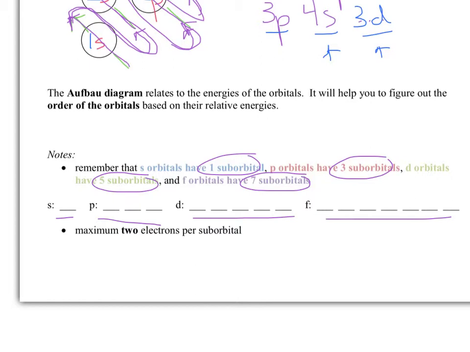So one line for S, 3 for P, 5 for D, and 7 for F. Each suborbital will have a maximum of 2 electrons, and we draw the electrons with arrows, one with an arrow up and one with an arrow down. That represents the opposite spins, and it also relates to the fact that each orbital holds a maximum of 2 electrons.